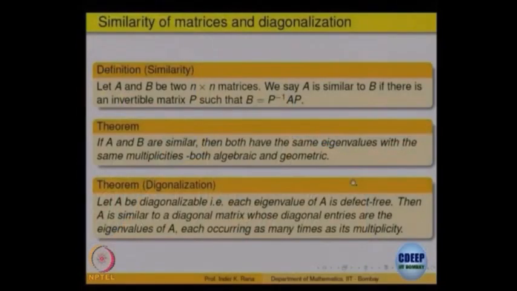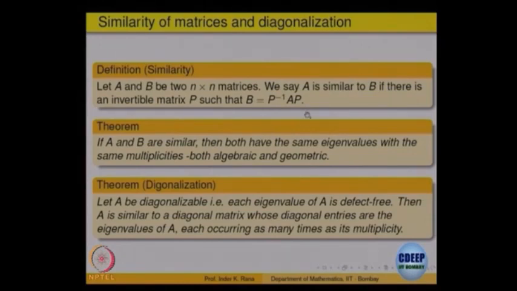These are just rewordings of the things. We say two matrices A and B are similar if B can be obtained from A by the process B equals P inverse AP, where P is invertible.